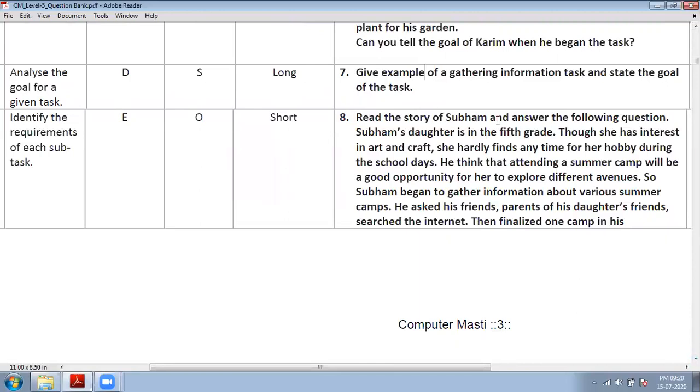Read the story of Subham and answer the following question. Now again it is about Subham. Subham's daughter is in the 5th grade. Though she has an interest in art and craft, she hardly finds any time for her hobby during the school days. He thinks that attending a summer camp will be a good opportunity for her to explore different avenues.